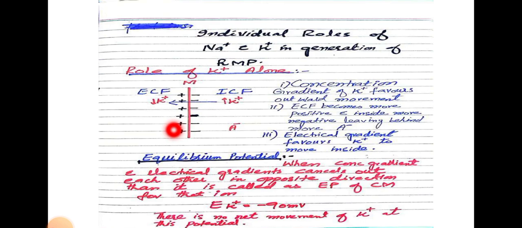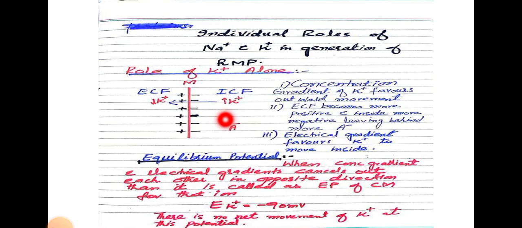So a sort of electrical gradient develops outside the cell that pushes the positive potassium ions to move from outside to the inside. When the concentration gradient towards the outside and the electrical gradient towards the inside counterbalance each other and become equal, then there is no net movement of potassium.